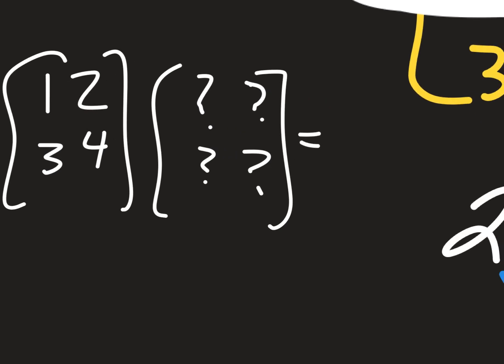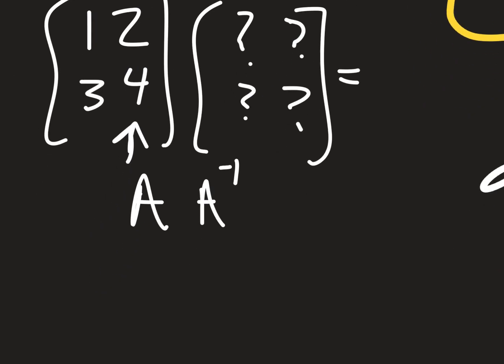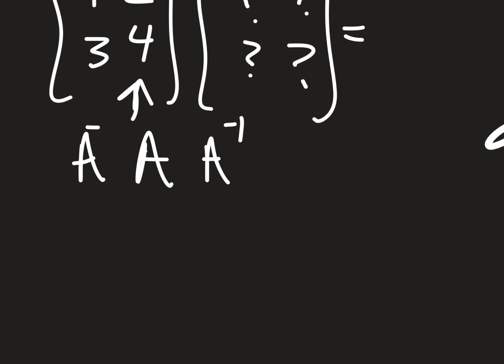When you multiplied these two together, and this is important, doesn't the order of the matrix matter? Like if I have, this is A, that's a matrix, we said it was A. A times A to the negative 1 is going to come out different than A to the negative 1 in front of it. Whoa.